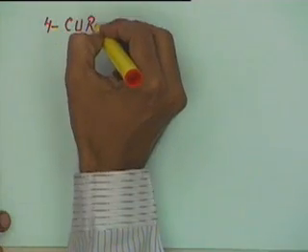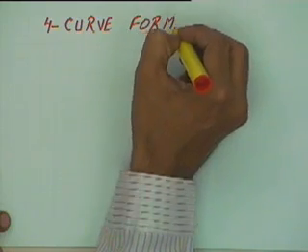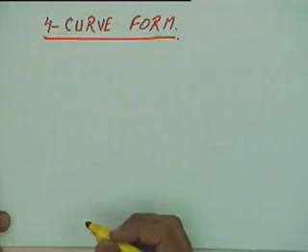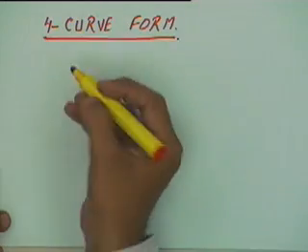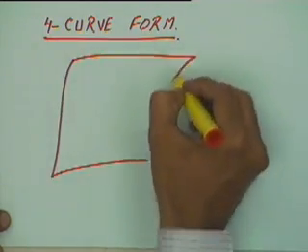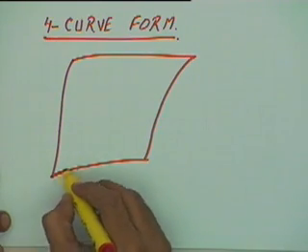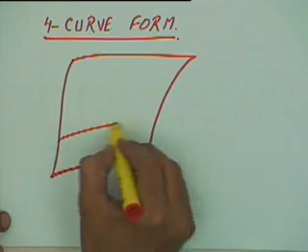Okay, the other form that we can have for the bicubic surface patch is what is referred to as a 4-curve form. Again I just give the outline. Let us say this is a surface that I want to create. This surface can also be created by inputting four curves in the same direction.